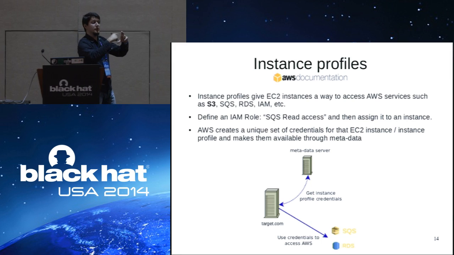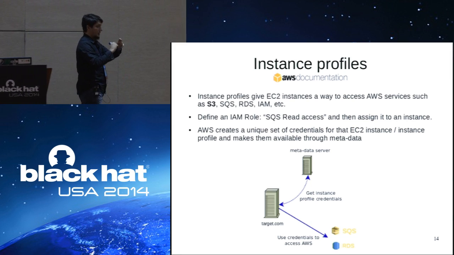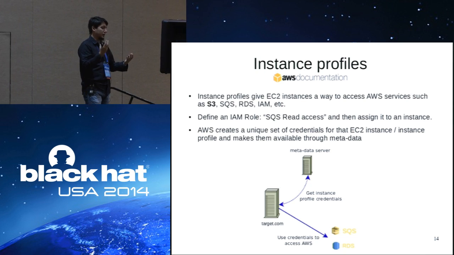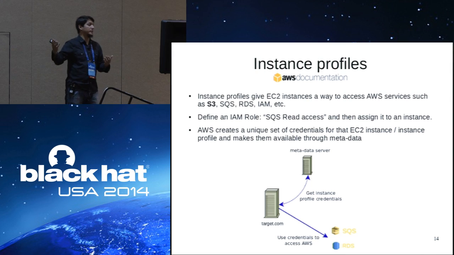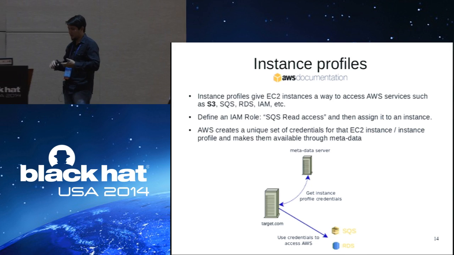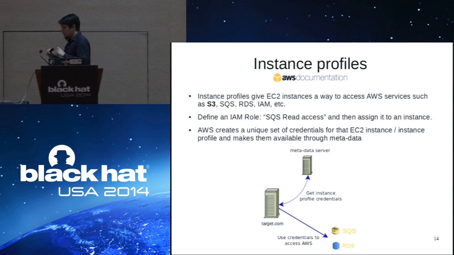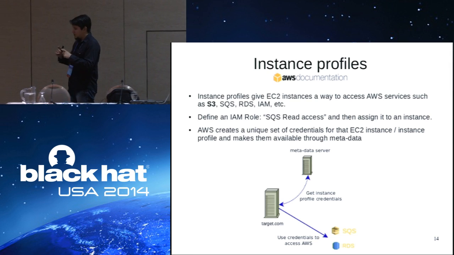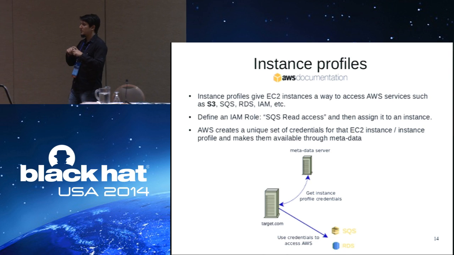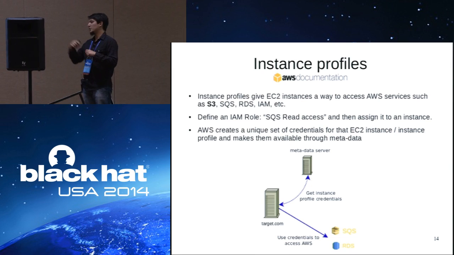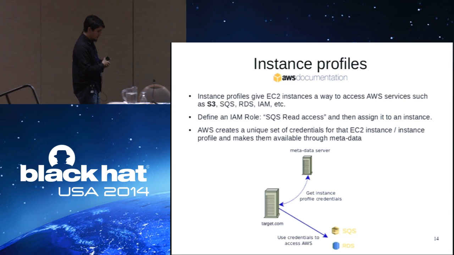the code running in that instance, for example, the code in Ruby, if you use Ruby, you're going to be using a library called fog. If you use Python, you're going to use boto. So those libraries running in that EC2 instance will know how to retrieve the instance profile credentials from the instance metadata. They're going to simply know how to do it.